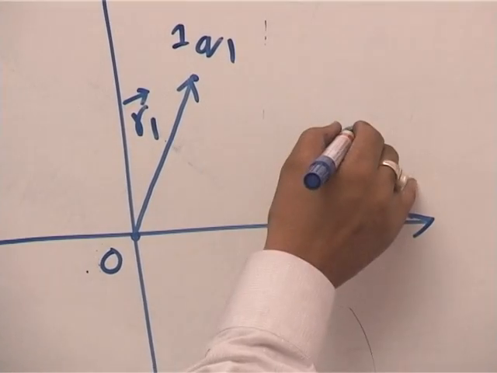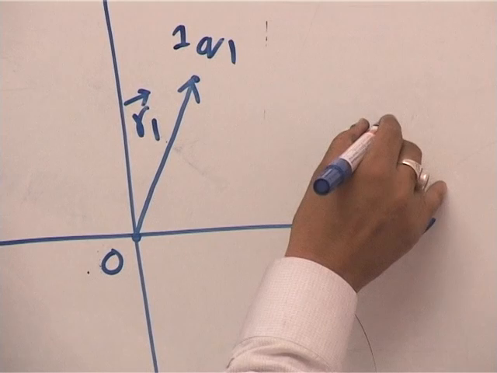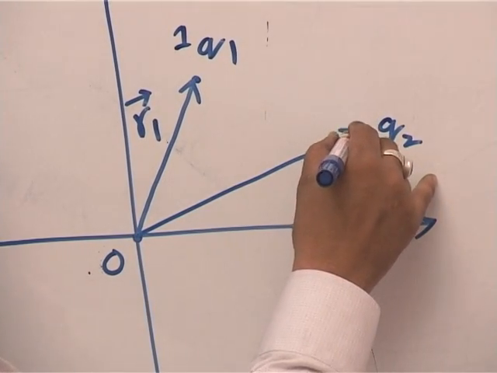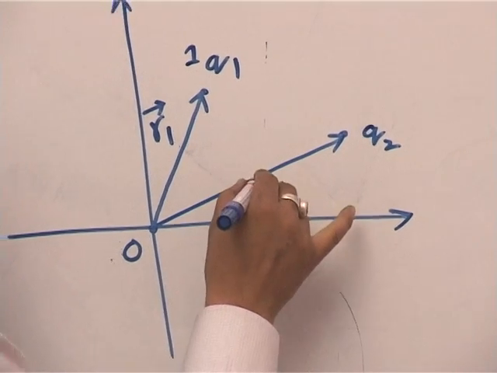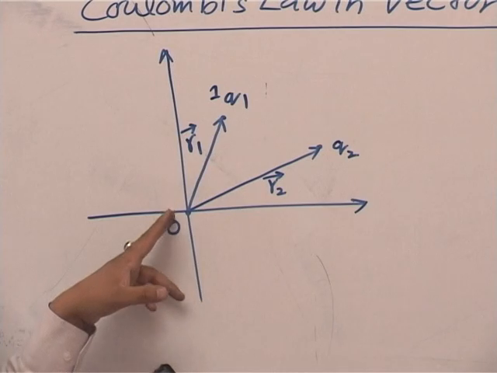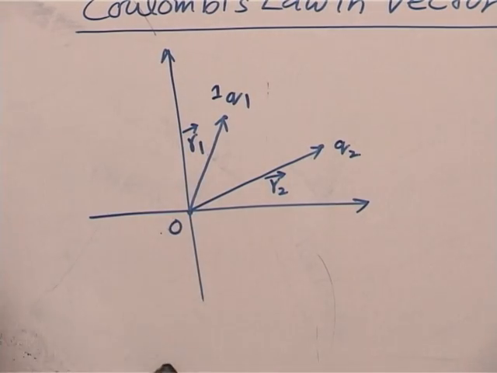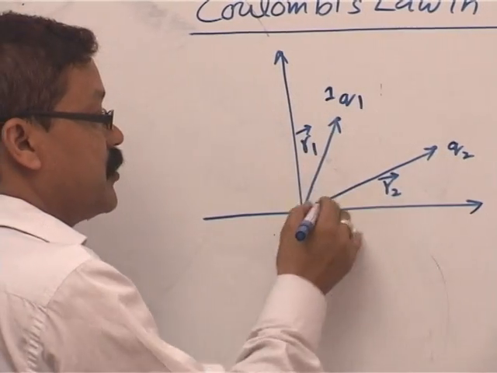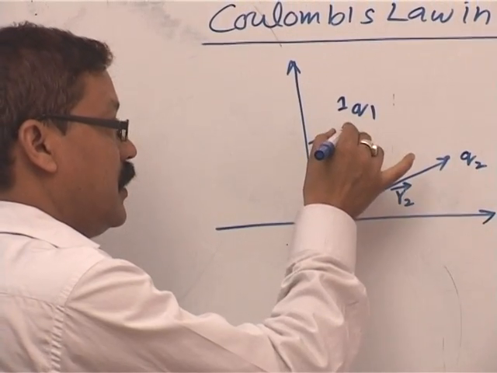Suppose the second charge is somewhere here, q2, and its position vector is r2. Recall that the position vector is a line joining the origin to that position.